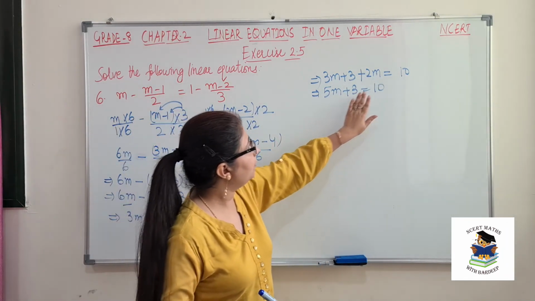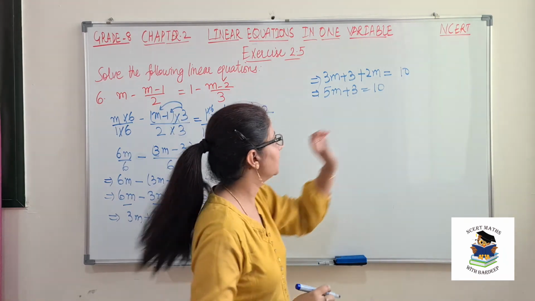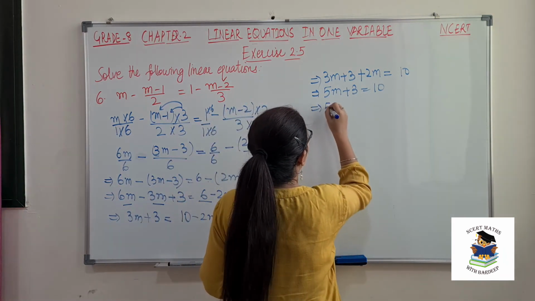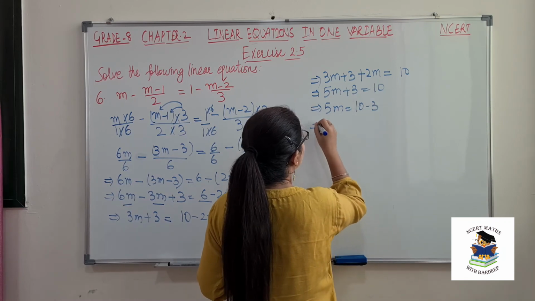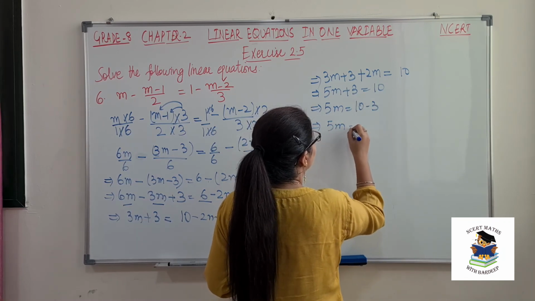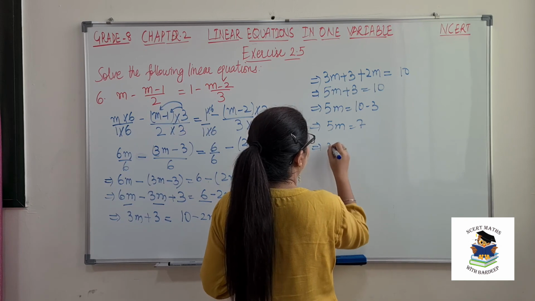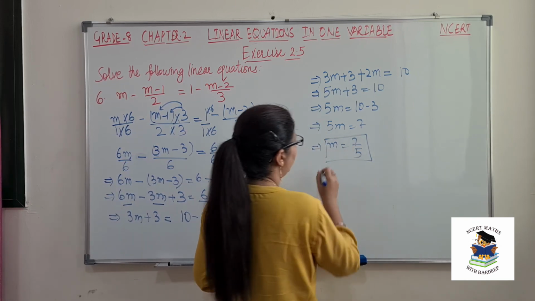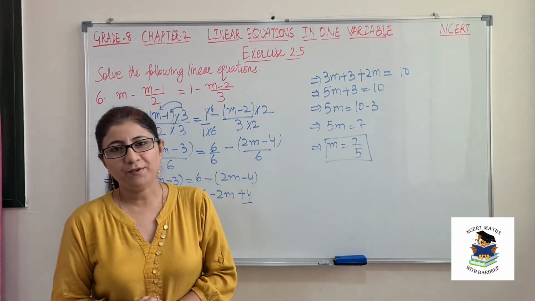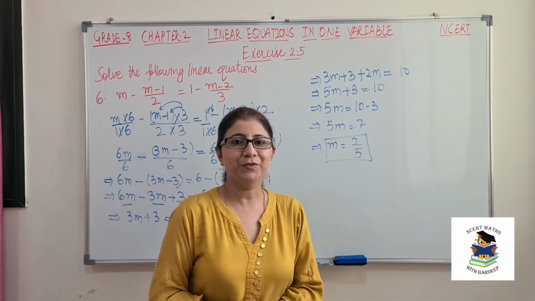So now this 3 will be shifted to the right hand side. So 5m is equal to 10 minus 3. So 5m is equal to 7 and m is equal to 7 by 5. So m equals 7 by 5 is the solution of this question.